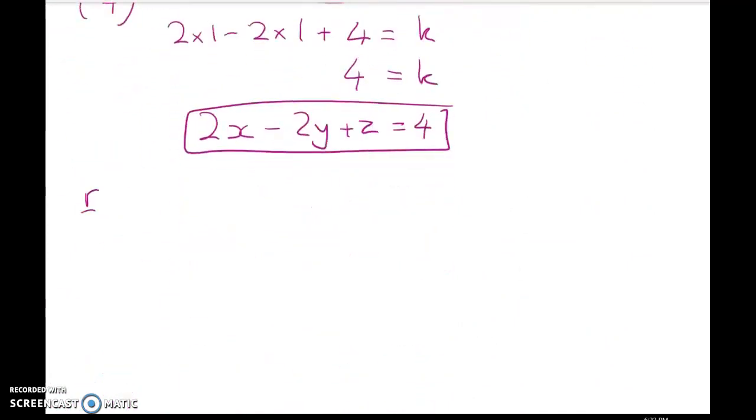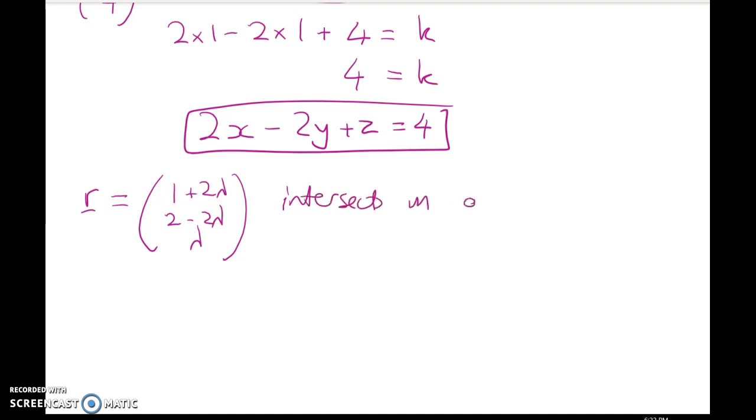Okay, so what's my vector equation of the line? Well, it's 1 plus 2 lambda and so on. And we know that that intersects the plane at point N. So that means we can substitute in, and we're going to solve for the value of lambda.